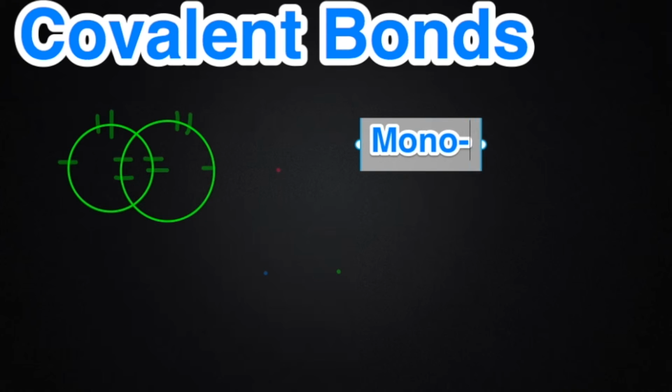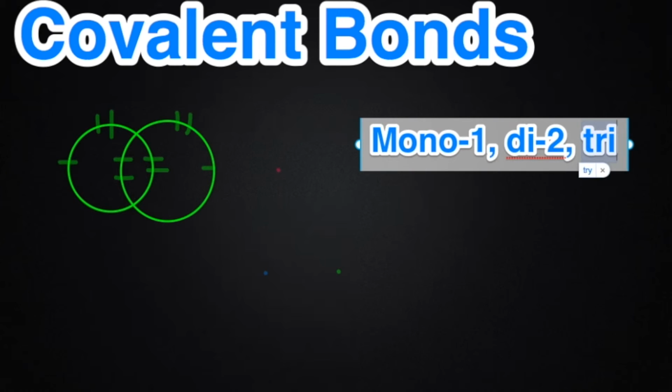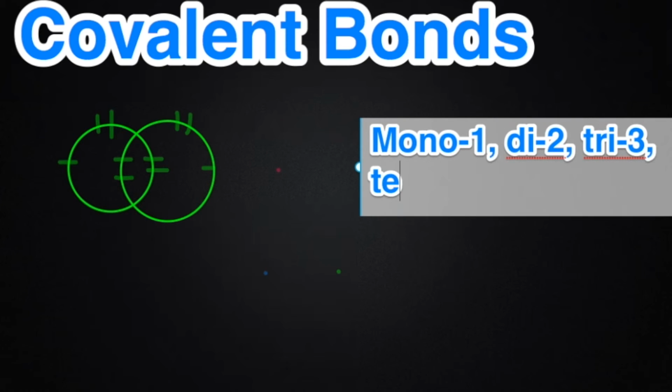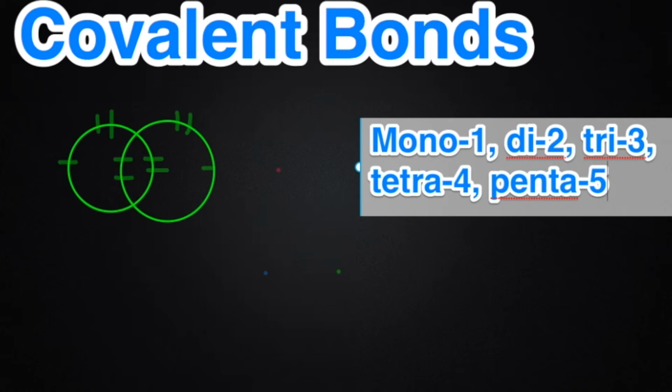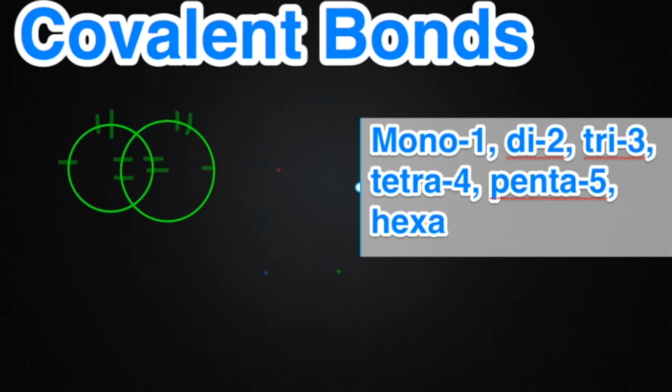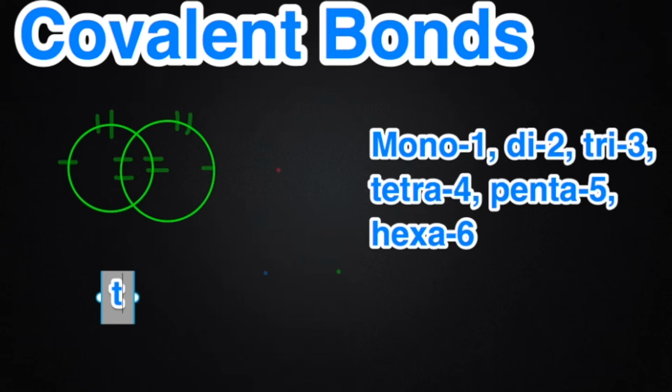Prefix names are used for covalent compounds. The prefixes used are mono, which is 1, di, which is 2, tri, which is 3, tetra, 4, penta, 5, hexa, 6, and so forth.